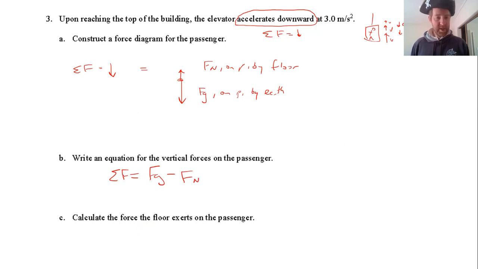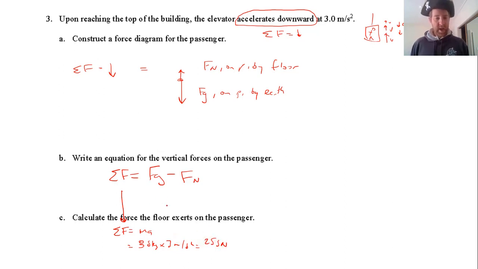I'm just going through the same thing. I can work out my total force by working out ma, which is 85 kg times 3 meters a second squared. And I'll do that in my calculator. 255.